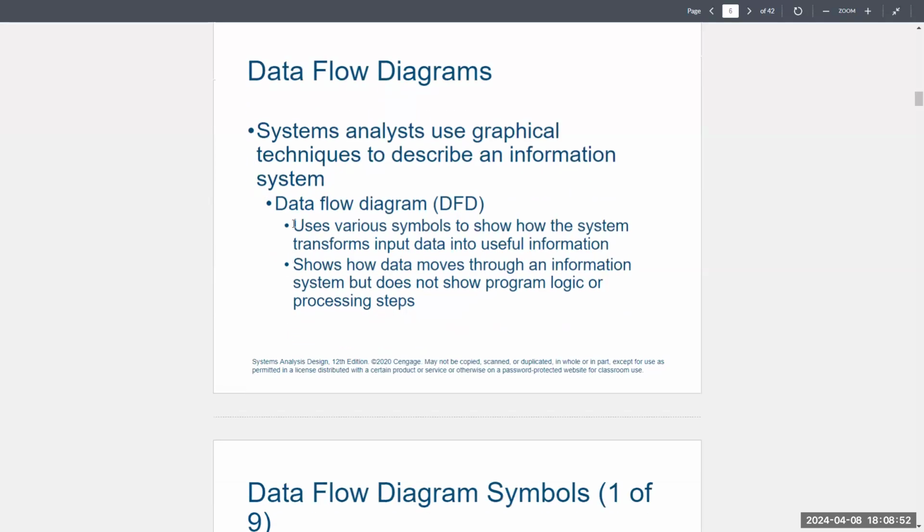That said, one of the primary artifacts or documents that they will produce is what is called a data flow diagram. DFD is the short term for that.